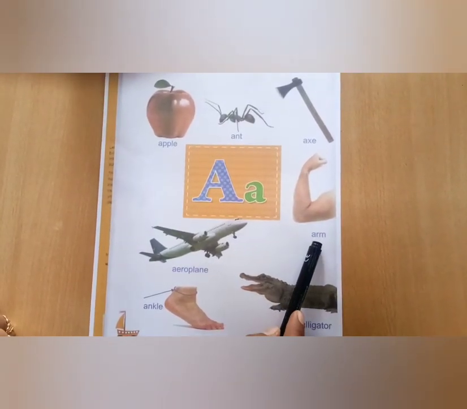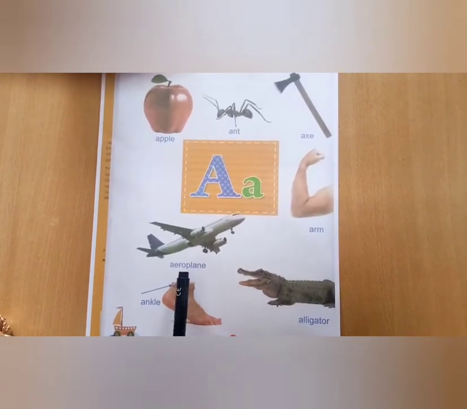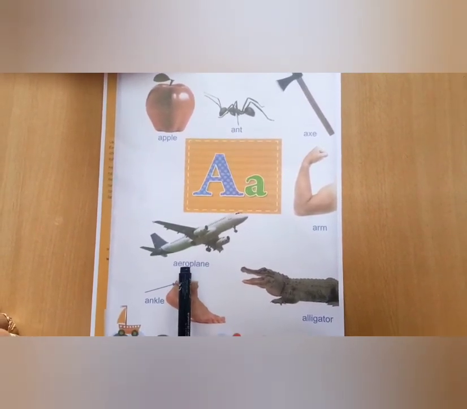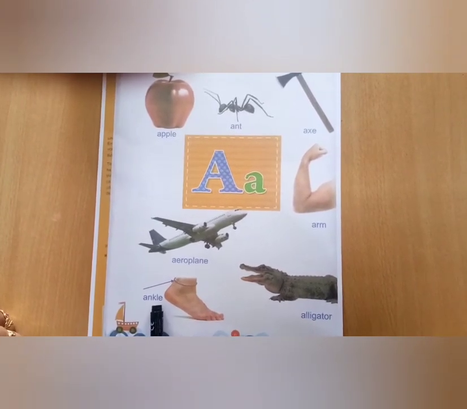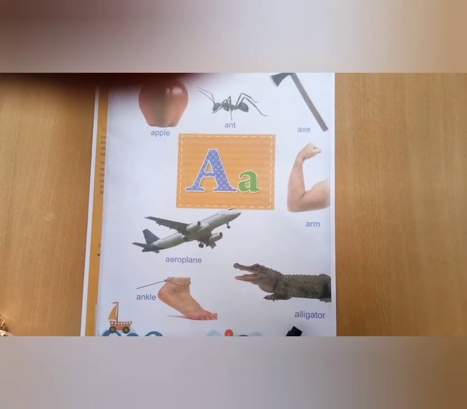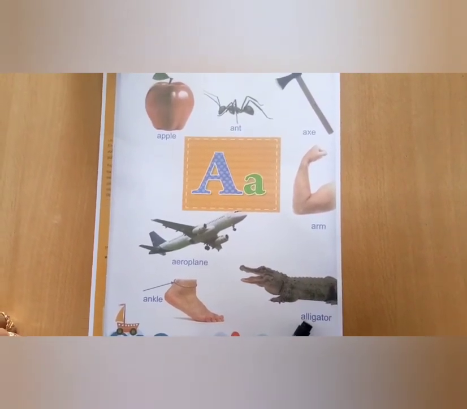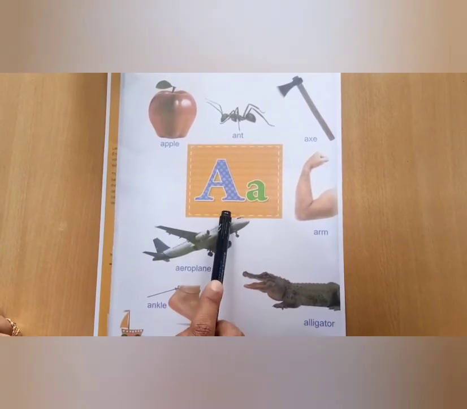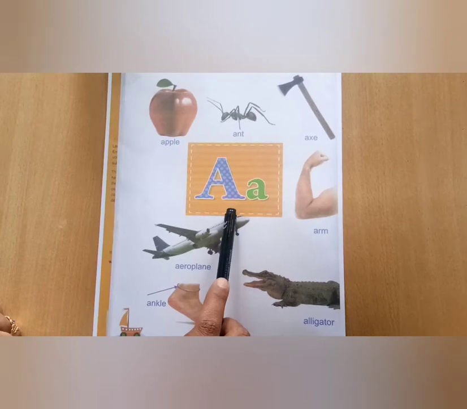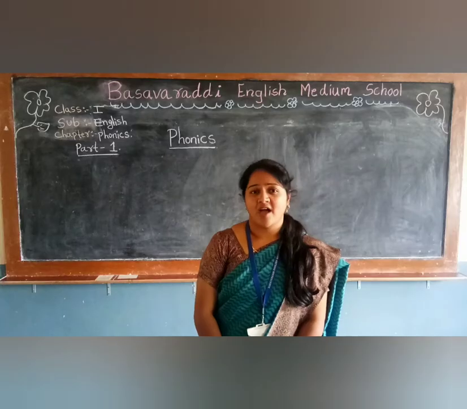Eh, eh, eh, arm. Eh, eh, aeroplane. Eh, eh, ankle. Eh, eh, eh, alligator. These are all examples of the A sound. So, A sounds like eh, eh, eh.